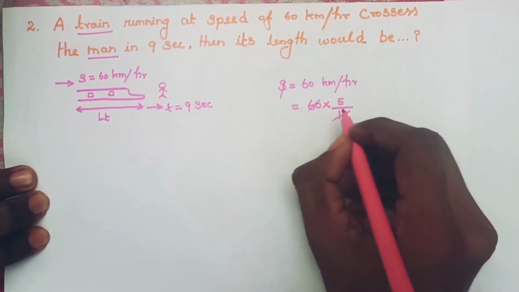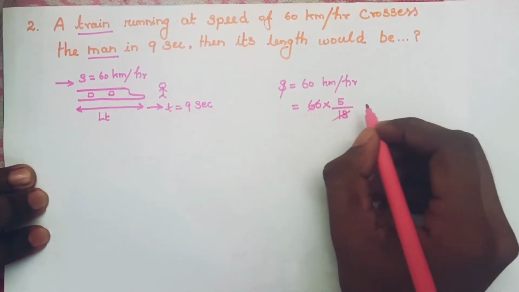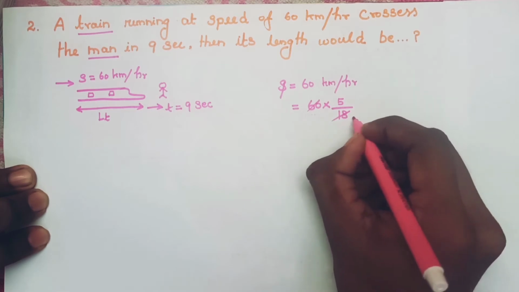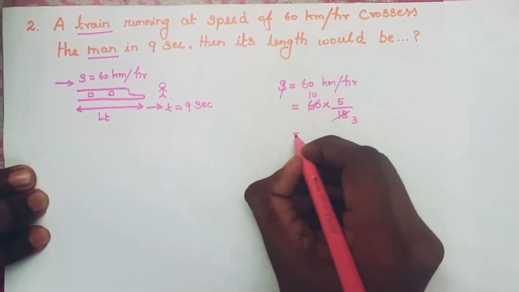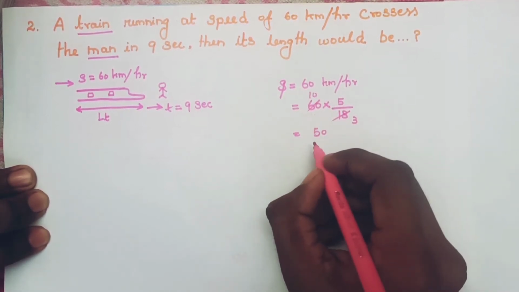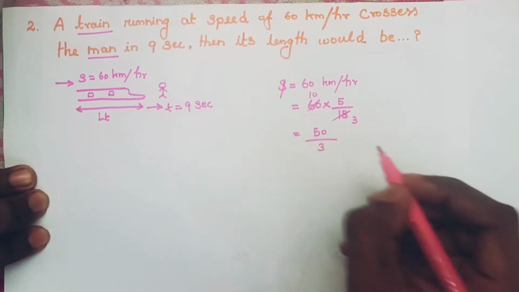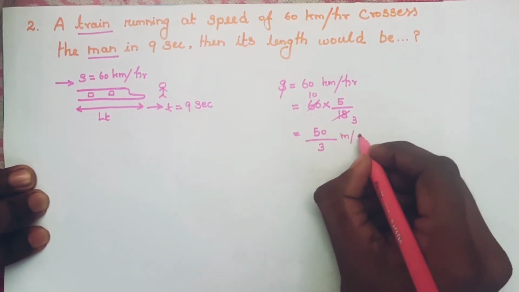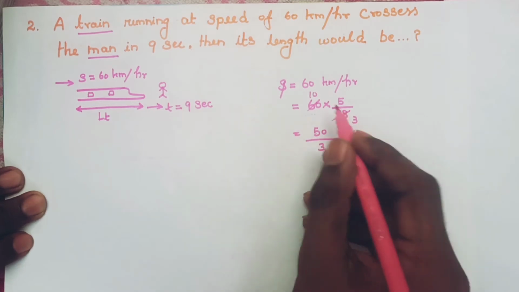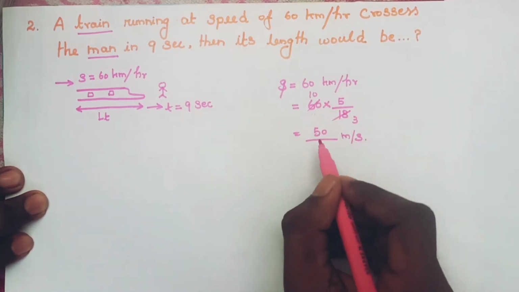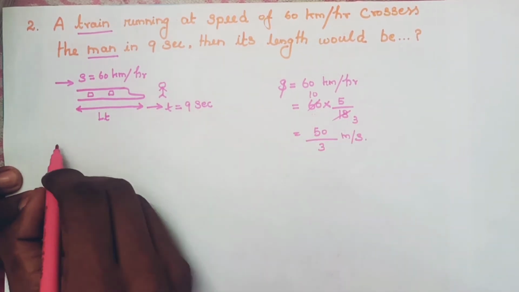Just simplifying these two, what you will get? 50 divided by 3 meter per second.